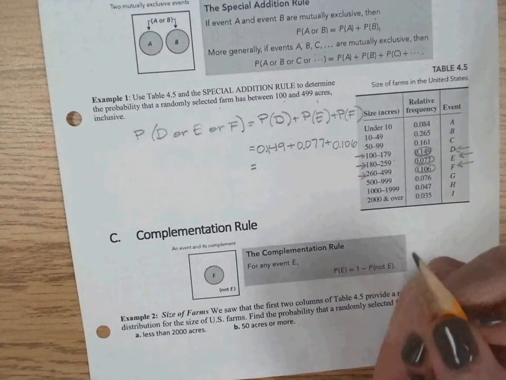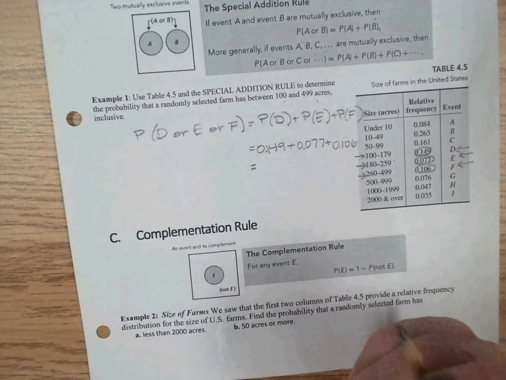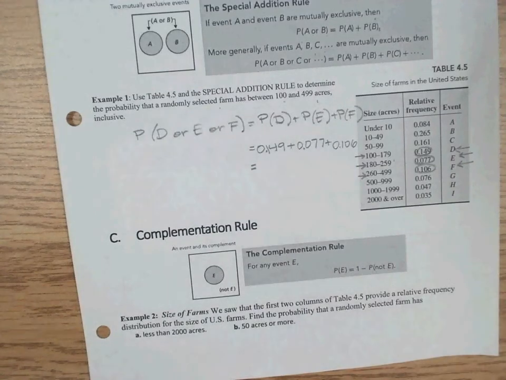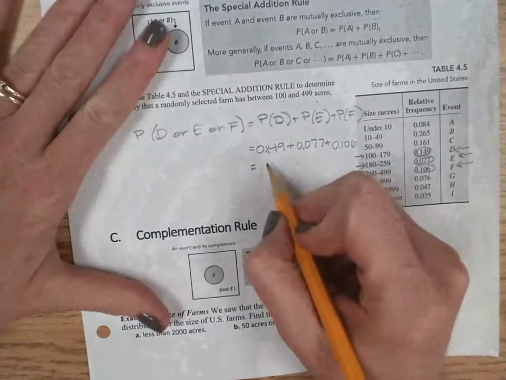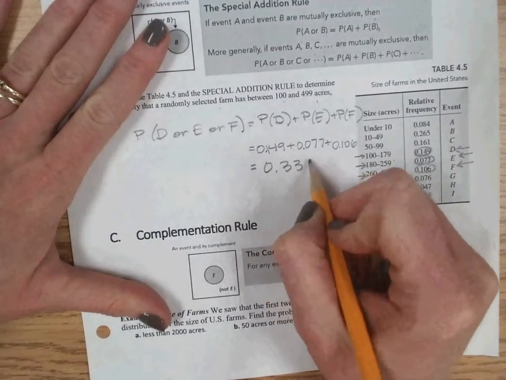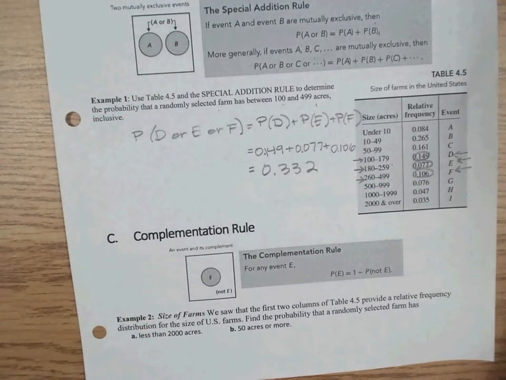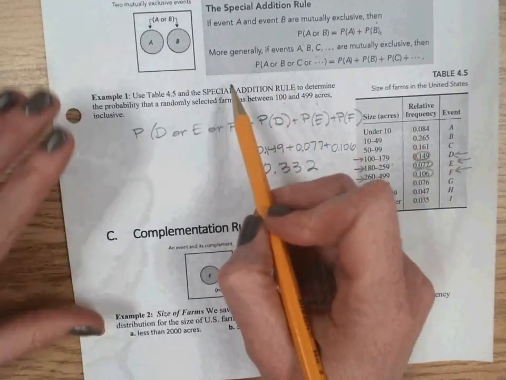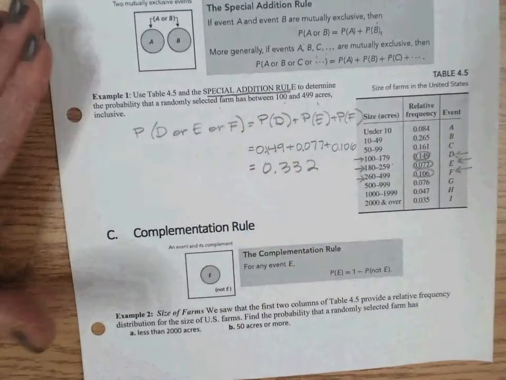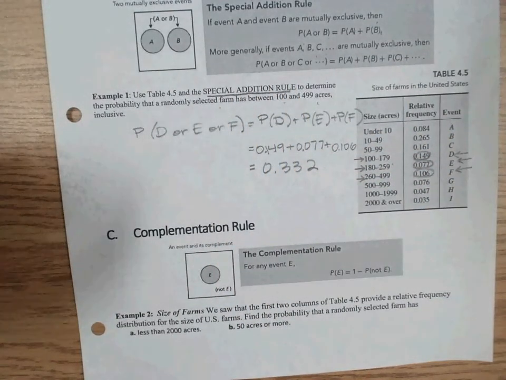And that will be equal to, we'll add those all together, .332, or 332 thousandths. So that would be using our special addition rule since our events are mutually exclusive.